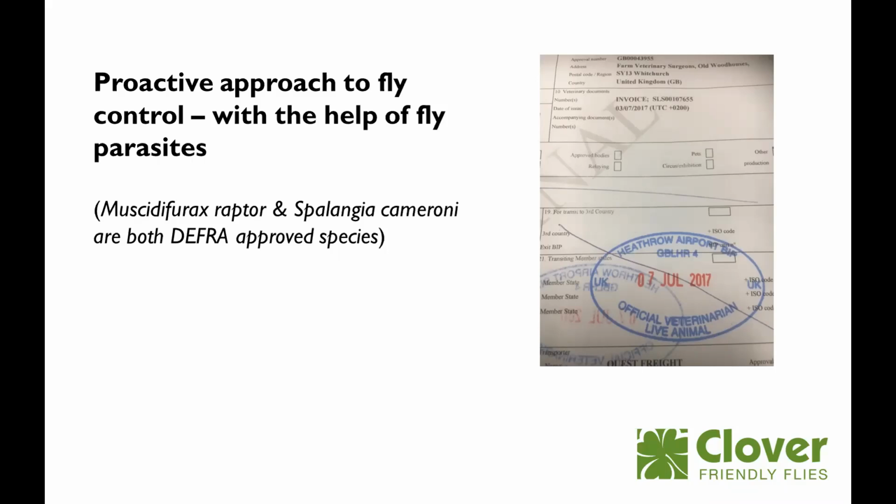They're both native species, but they just don't breed in large numbers in the UK. So they're bred in Texas, the ones that we use, and shipped over to us, and they're fully DEFRA approved, and they're specific as well. They won't go off and parasitize any beneficial insects. They won't target honeybees or anything like that. They will only target the nuisance flies.